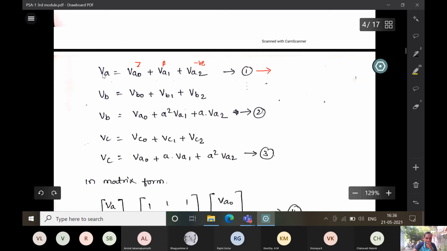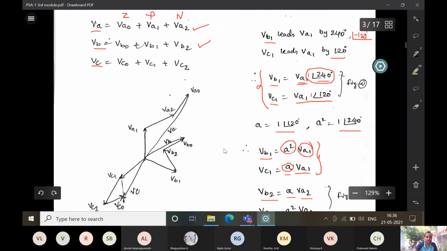Summation of all these is equal to VA. Now we have to write everything in terms of VA. So the first equation is VA naught, VA1 and VA2 addition. Similarly, VB is VB naught, VB1, VB2, and VC is VC naught, VC1 and VC2.